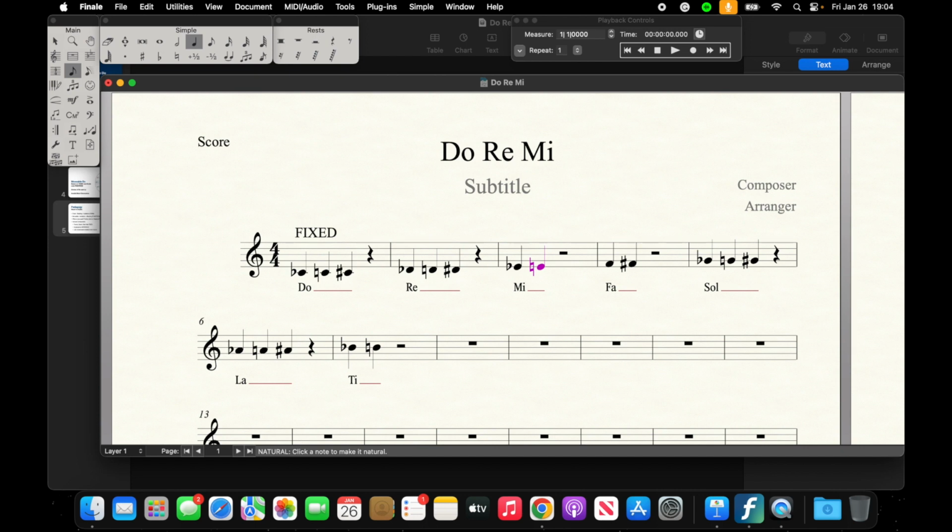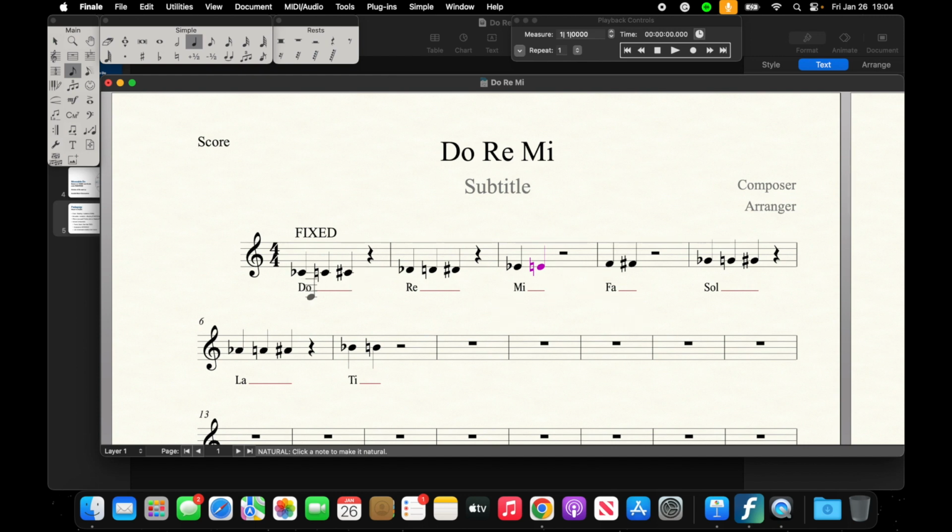You're reading do, do flat, do natural, do sharp, do. I'm not exactly a fan of that because those are three pitches, and to me, it's kind of confusing.